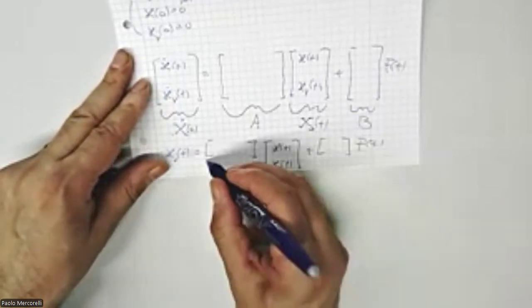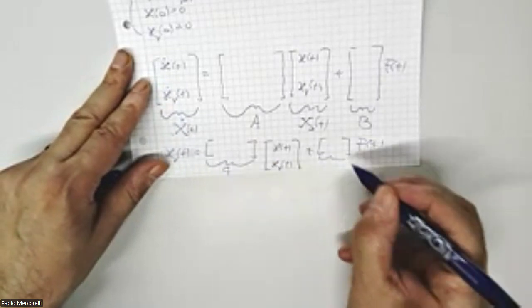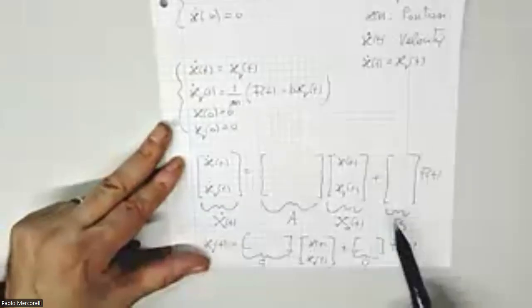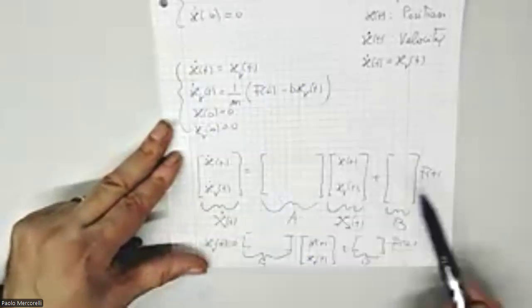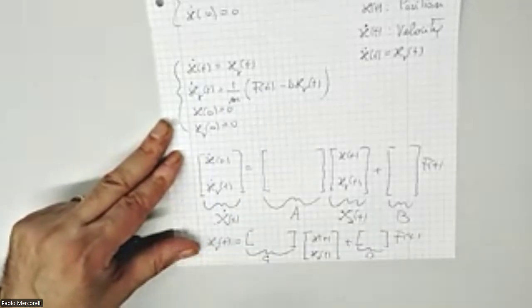You remember this was the notation which we used until now. What about here? I have to represent with this new language the information which I have here. Of course, I have to add also the initial conditions, but anyway, this is not the problem.